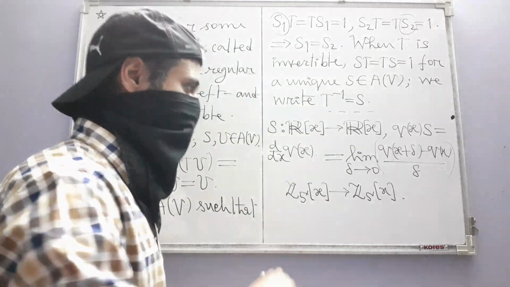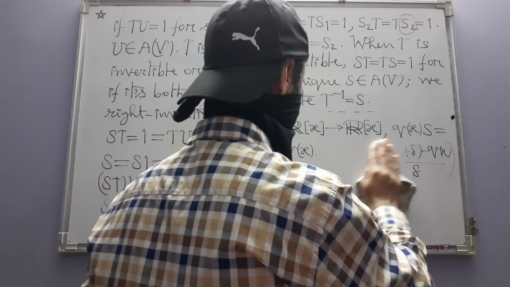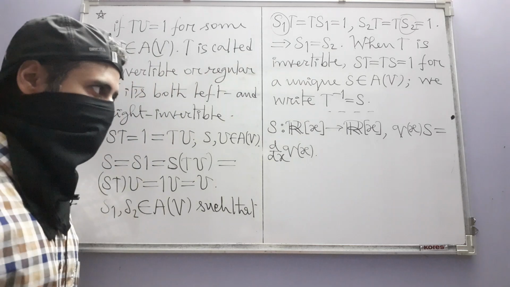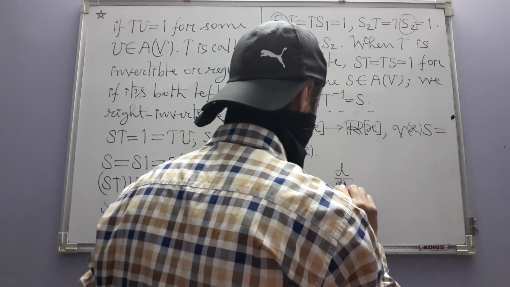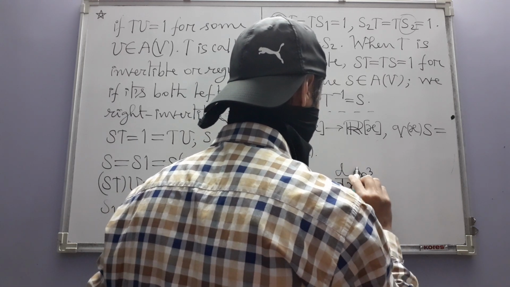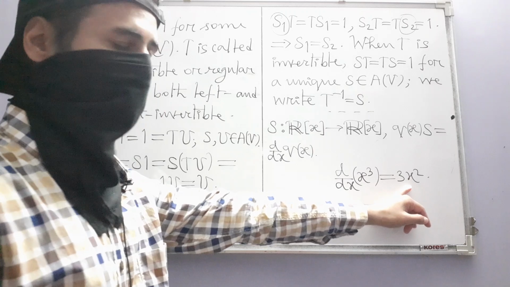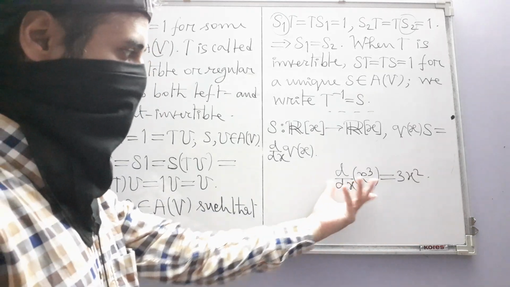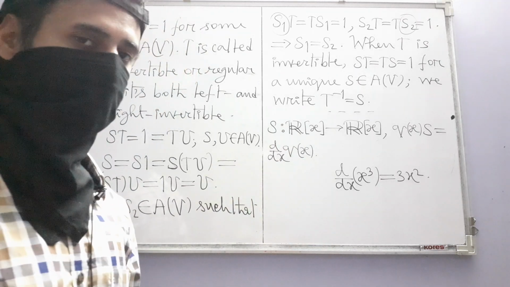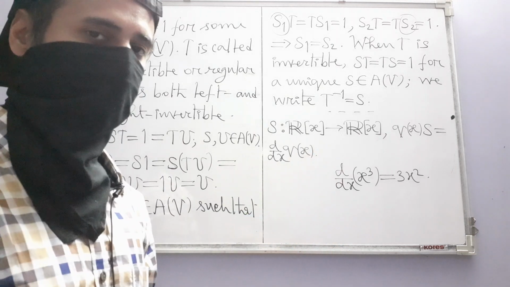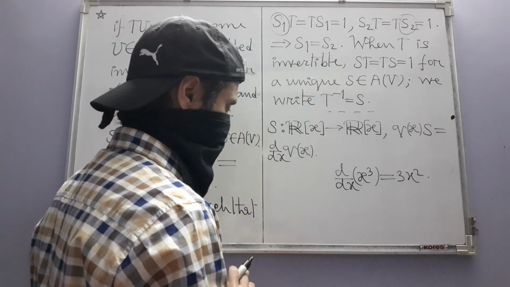So instead of thinking in terms of limits, actually it's much easier. No matter what the underlying field is, this is how you should interpret it. That is by the form of the answer that you normally have when you differentiate a polynomial. That is defined to be what the differentiation is, which actually does not need any limit. So you do understand what I am trying to say here.